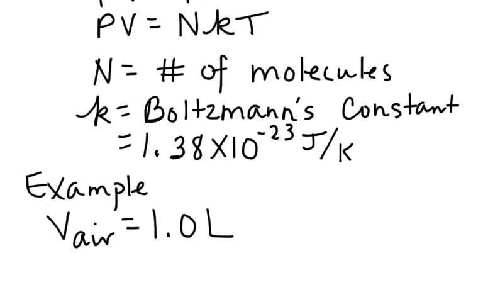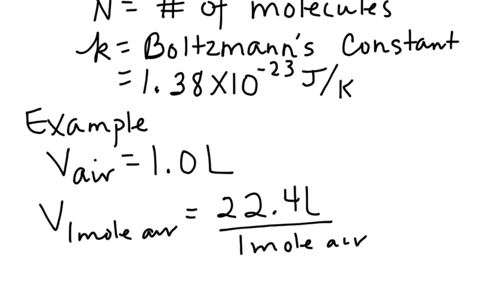So find the capital N value here that we would then plug into the formula above of PV equals NkT. So we're solving for capital N.